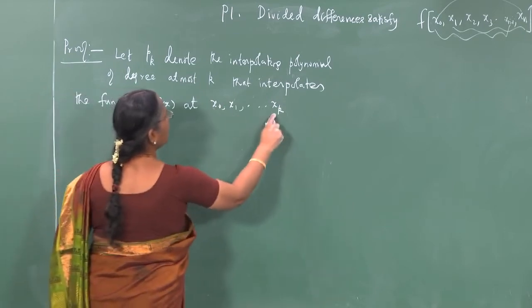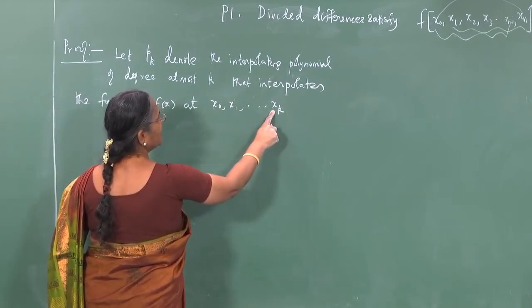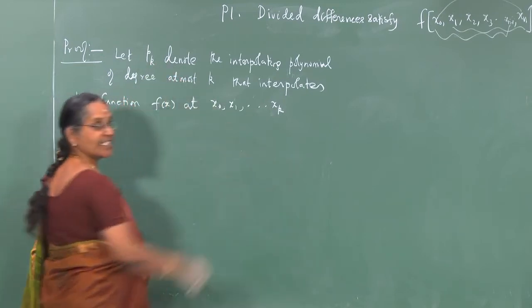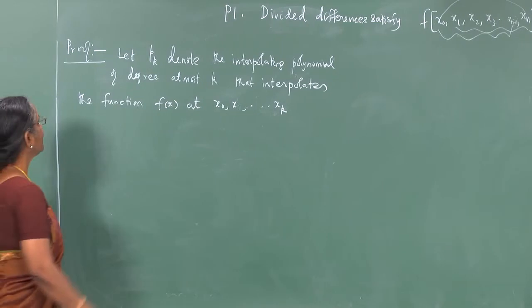So we are given information at k plus 1 points, so we can seek a polynomial of degree at most k that interpolates the function at these points.